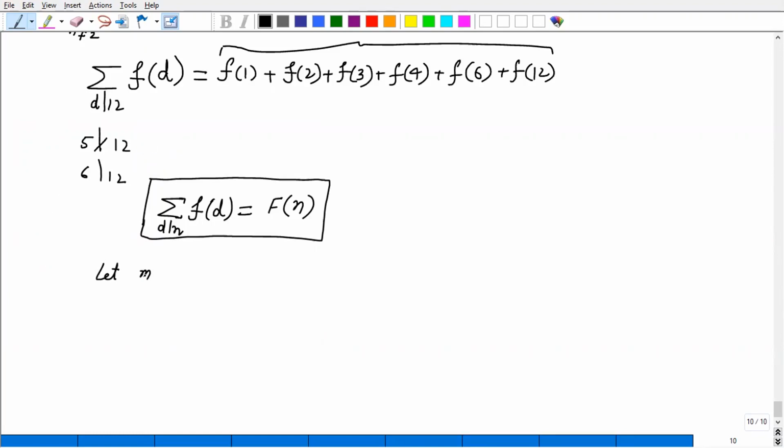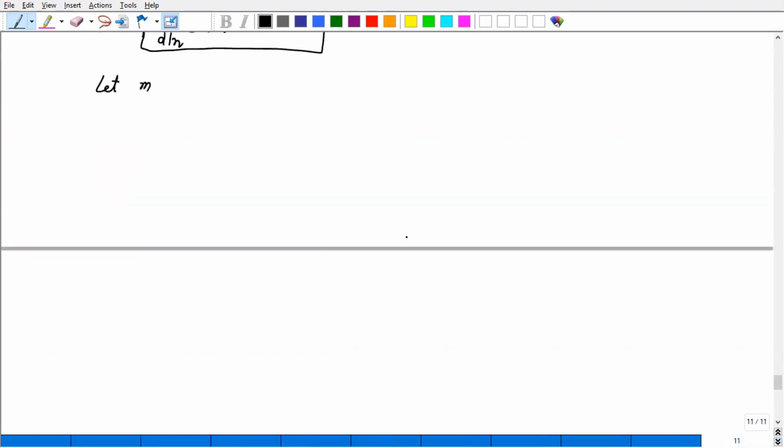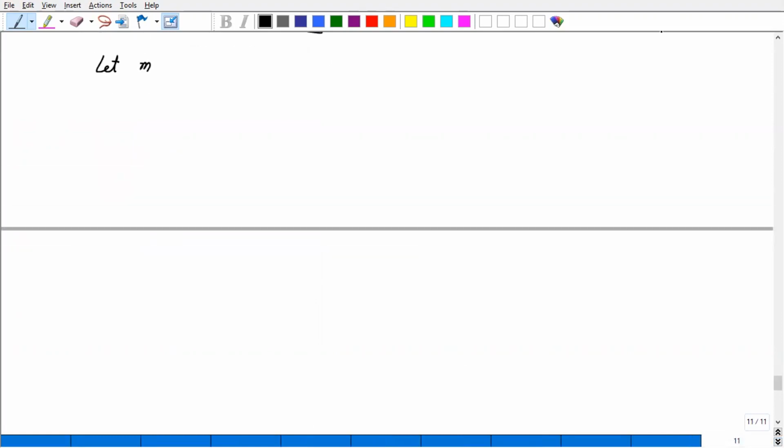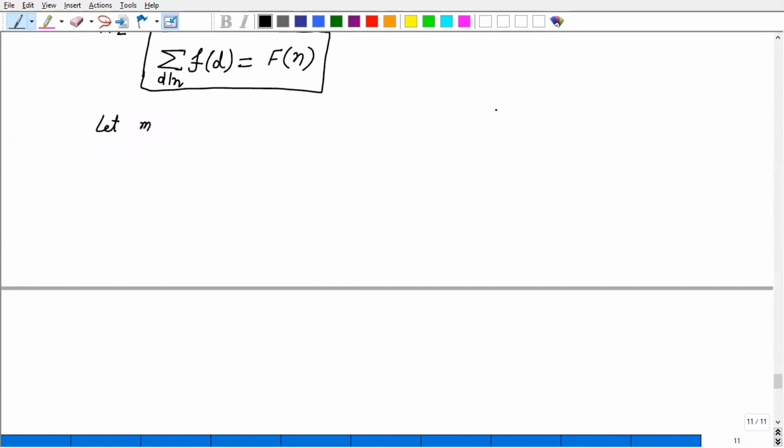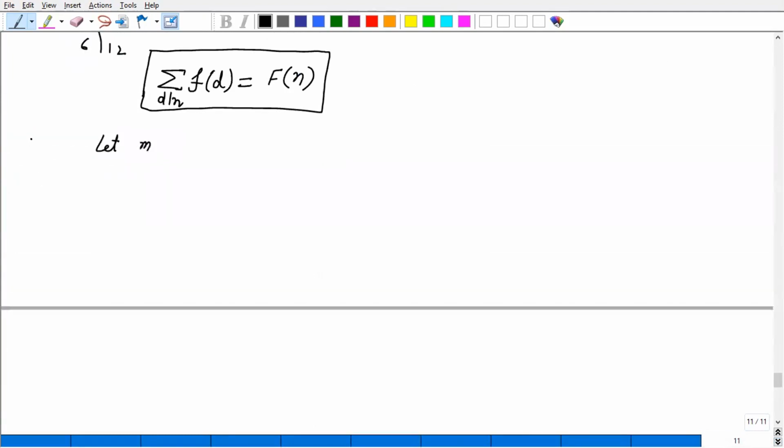We take m equals 4 and n equals 7. So 4 times 7 is 28.